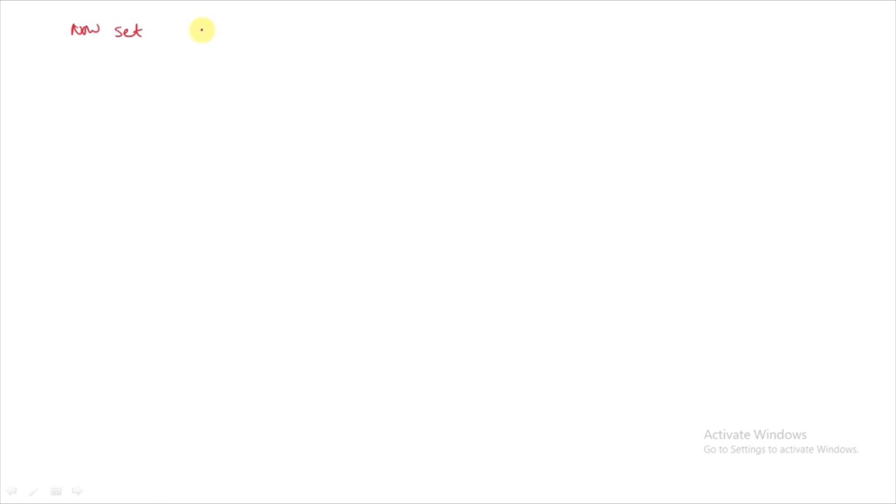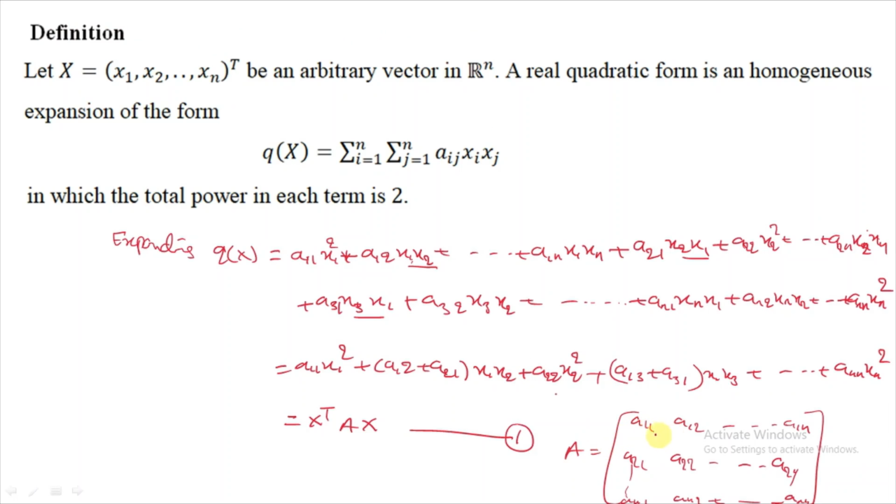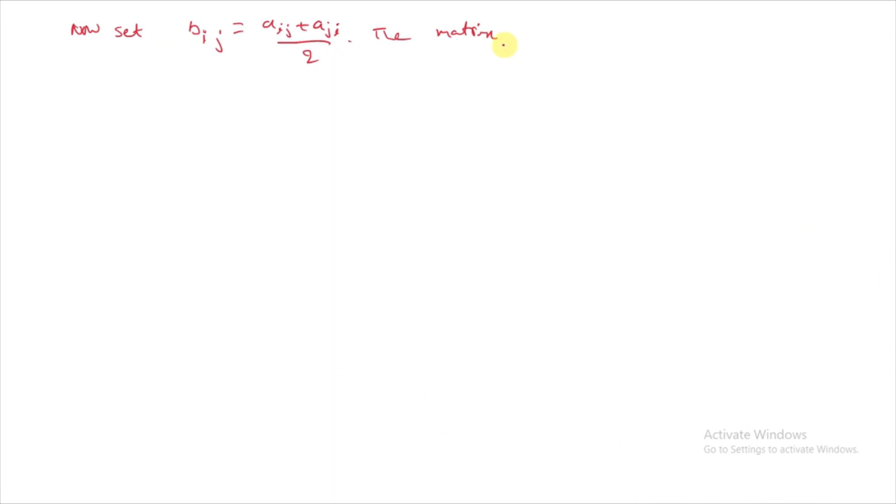Now suppose I set b_ij equal to (a_ij plus a_ji) divided by 2. Here we have a11 x1 squared and (a12 plus a21). Now I set the matrix B equal to (b_ij). The matrix B is symmetric.